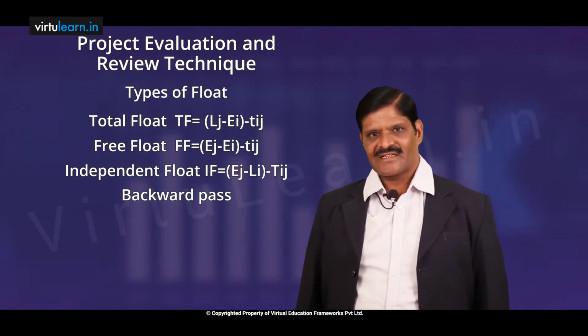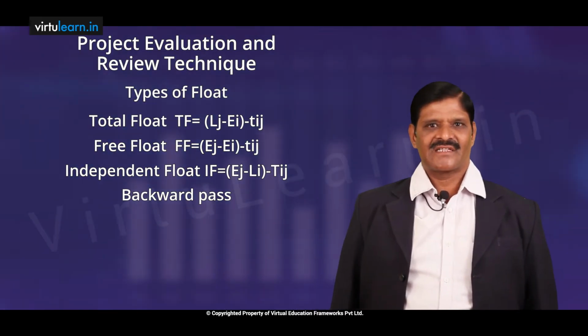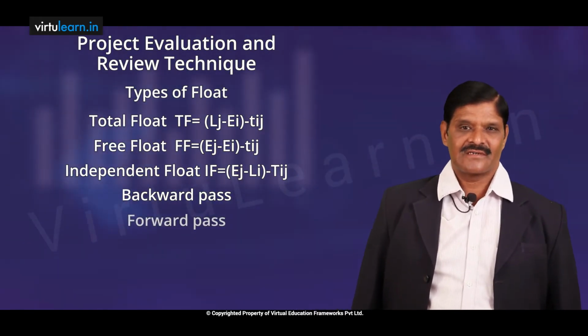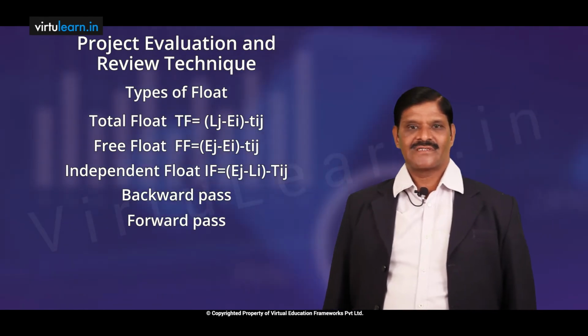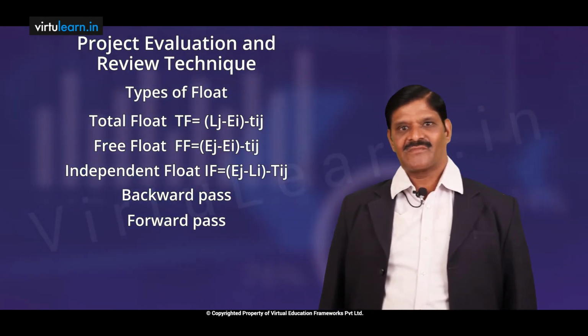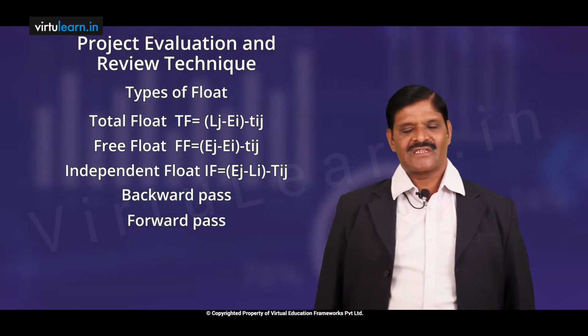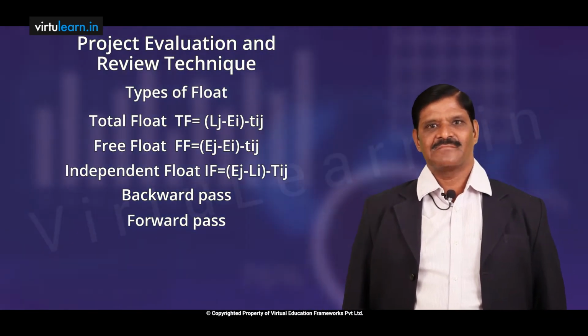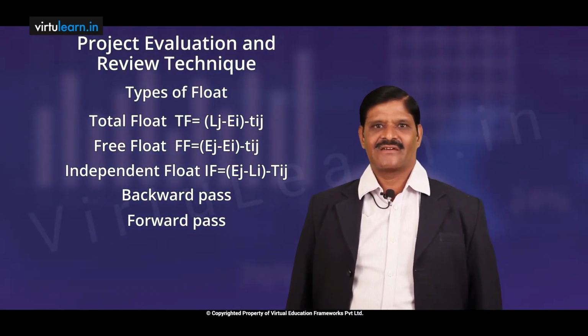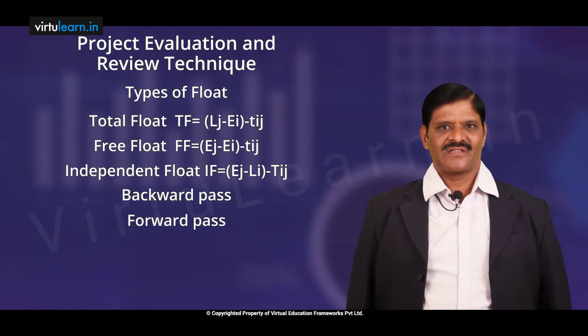Or we have another method which is known as forward pass. Forward pass indicates that we start from the starting point of the project and move towards the ending point of the project on the network diagram.